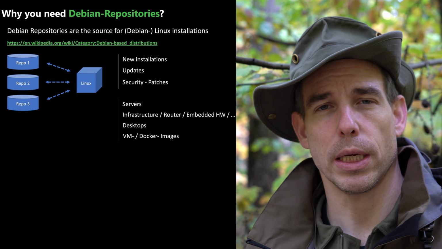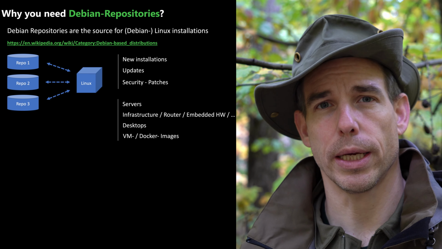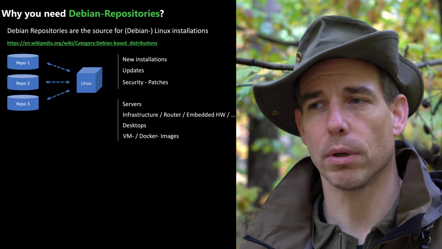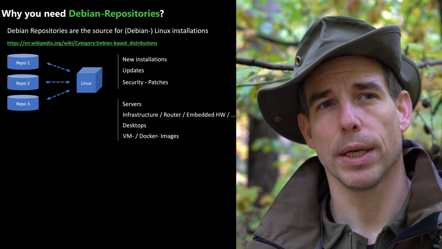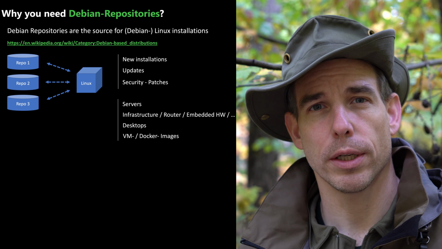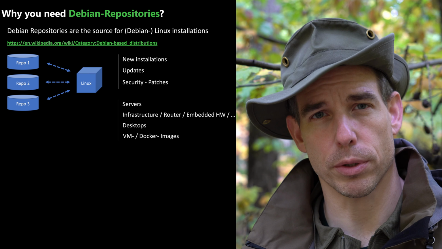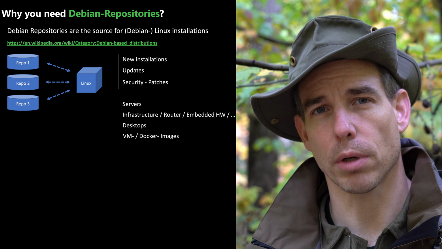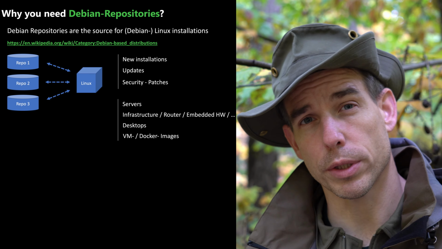What you're doing is going to the command line and writing a command like apt-get update, or whatever. In this moment, this package manager will search for the repositories that are defined in a file called sources.list. So what's going on here?